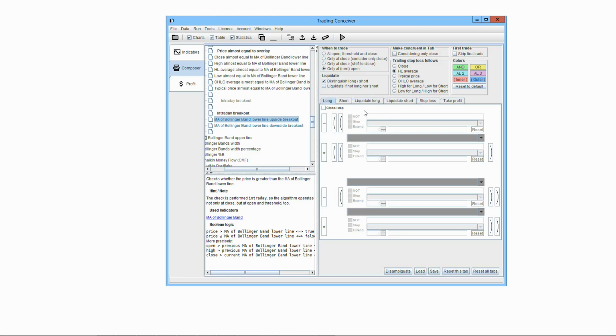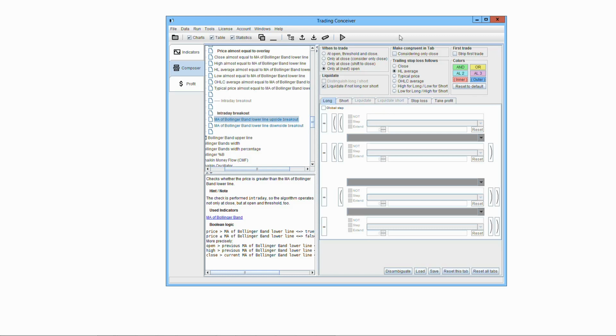If you want to specify only when to go long and short, implying that when neither the tab long nor the tab short are true, it means to liquidate the position, you can select the checkbox Liquidate if not long nor short. This will create internally a liquidate condition, which is true whenever the tabs long and short are both false. In this case, both the liquidate tabs are disabled.